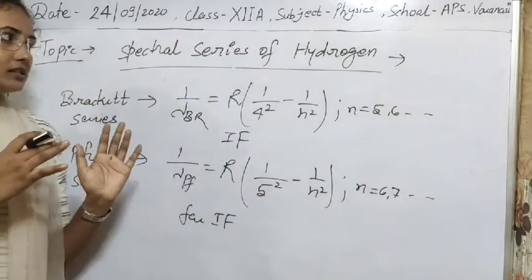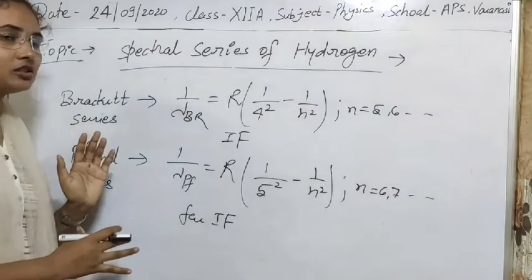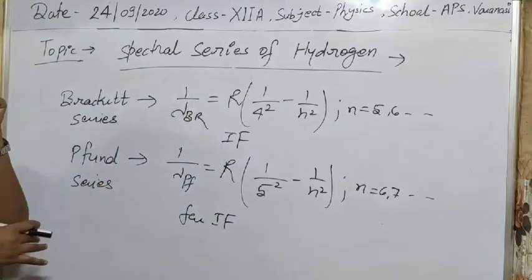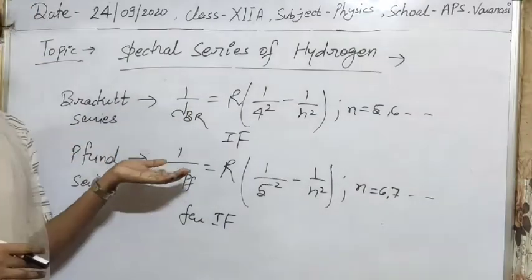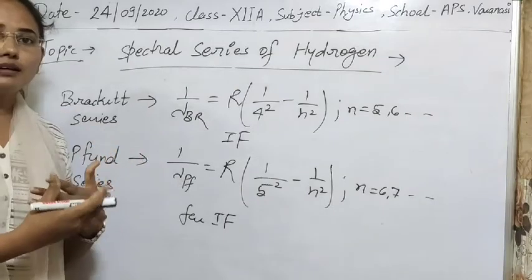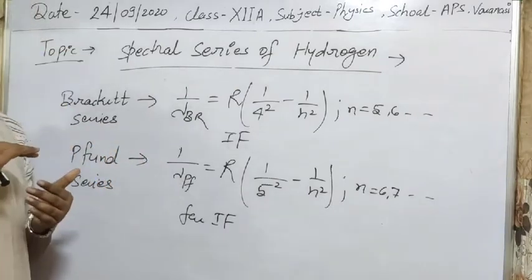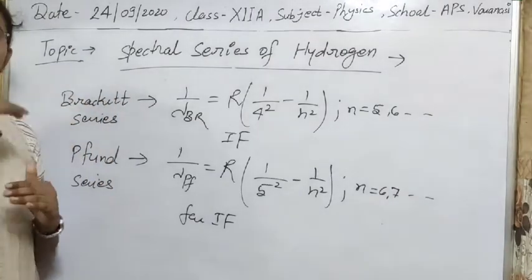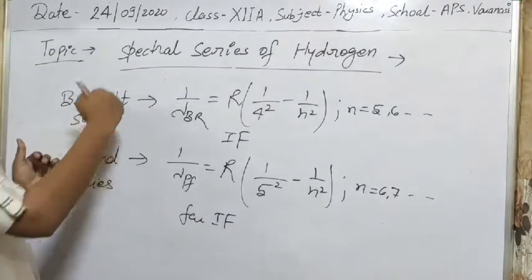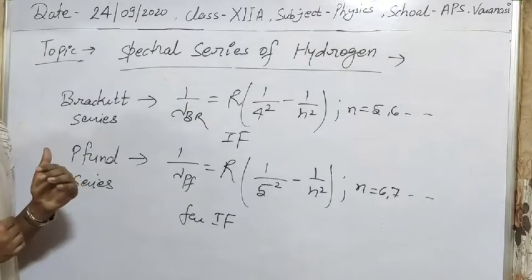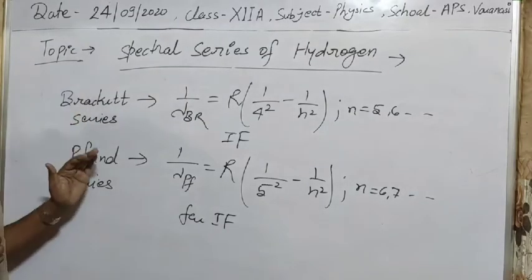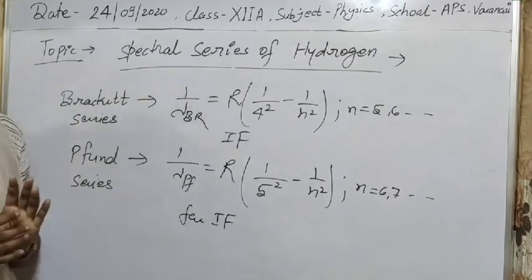I think now it's clear to you what the spectral series of the hydrogen atom is. This is simply which types of radiation an electron emits when it makes a transition from higher to lower or lower to higher orbits, and according to that we arranged them, and we got 5 series for hydrogen.